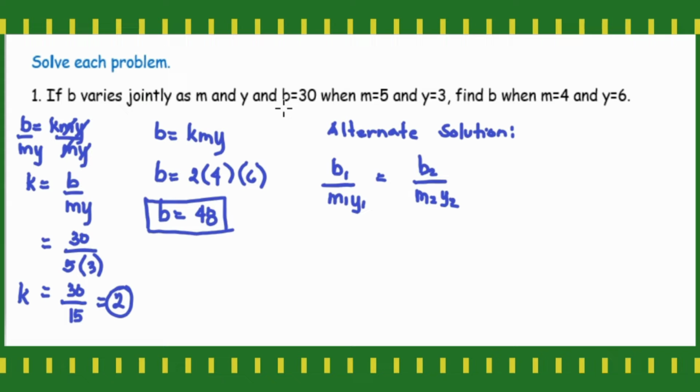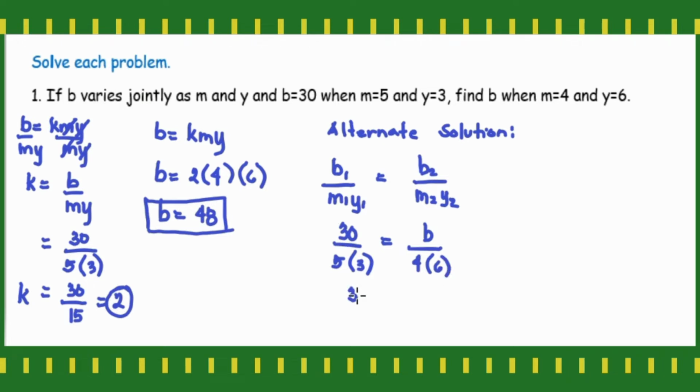B sub 1, the first given B, is equal to 30. M sub 1 is 5 times Y sub 1, which is 3. It's equal to B sub 2, which is missing or unknown, so we will copy B. M is equal to 4 and Y sub 2 is 6. So again, we will just multiply.